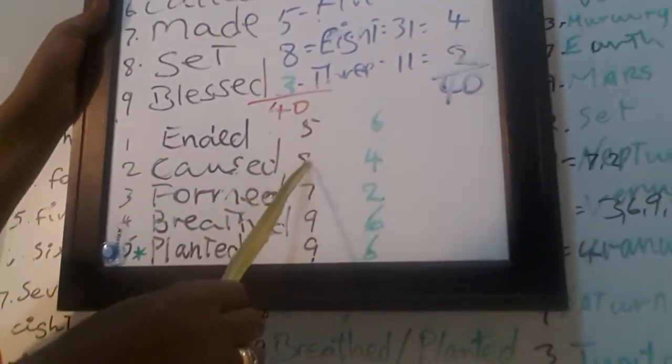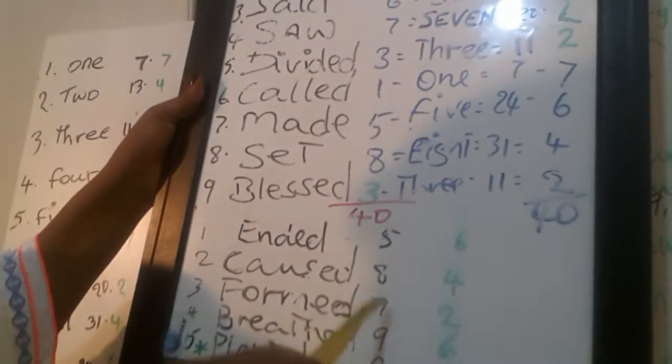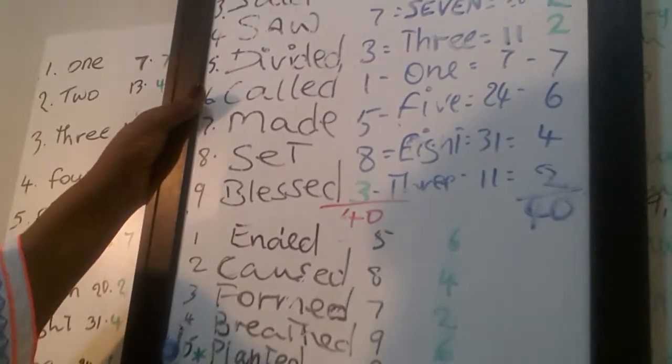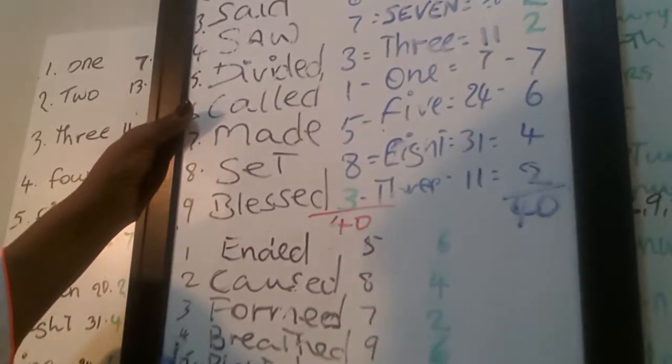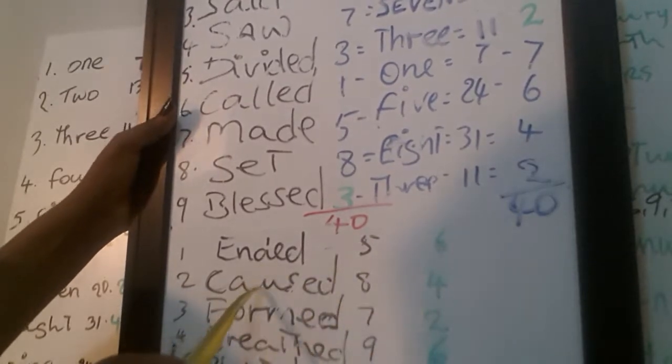Oh yes, they are in order. The ended God, the caused God, the 7th, the formed God, the 9. Oh, I'm talking about, because I'm pointing here, the breathed God, which is 9, and the planted God, which is also 9.